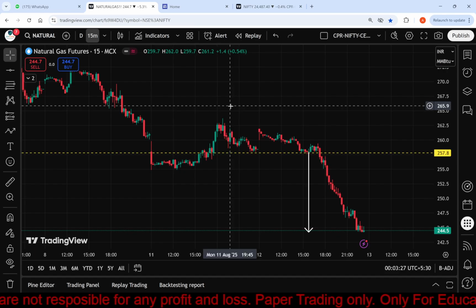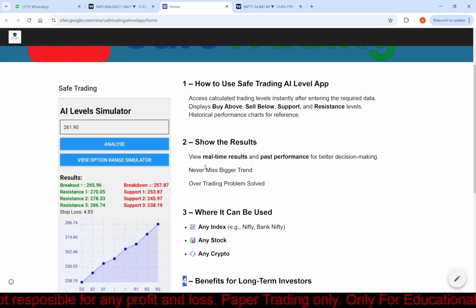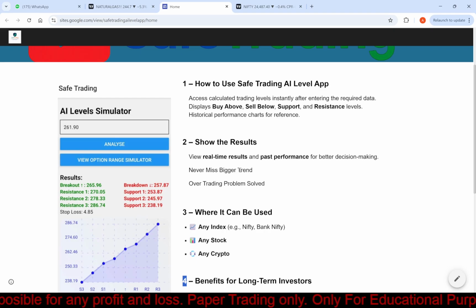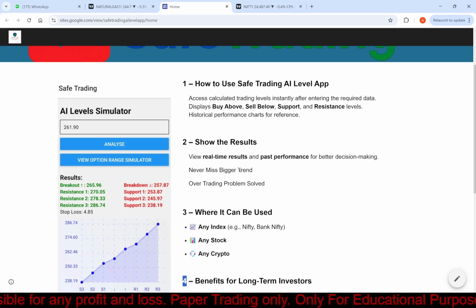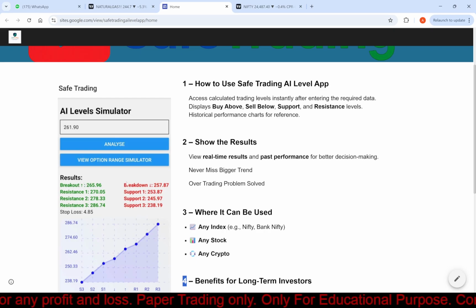So we have seen the results for natural gas. You are never going to miss a bigger trend. I have given you the example of natural gas, and what the app says is: you get the breakout level and the breakdown level.